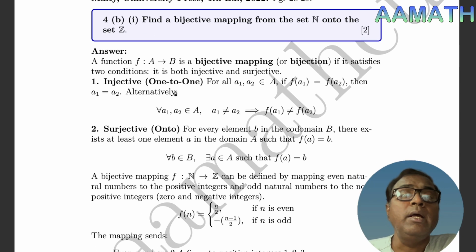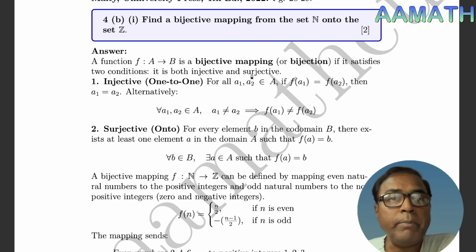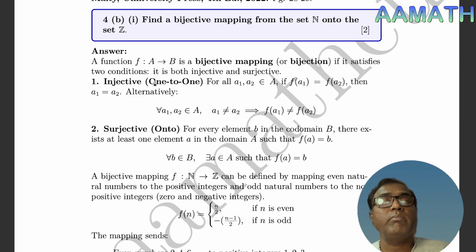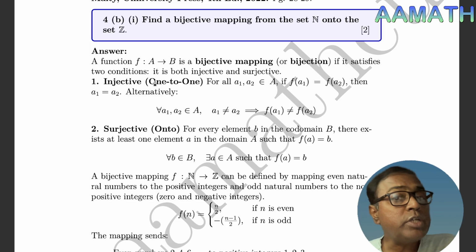Now, from the definition of bijective mapping, a function f maps A to B is bijective, or a bijection, if it satisfies two conditions. That is, it is both injective and surjective.